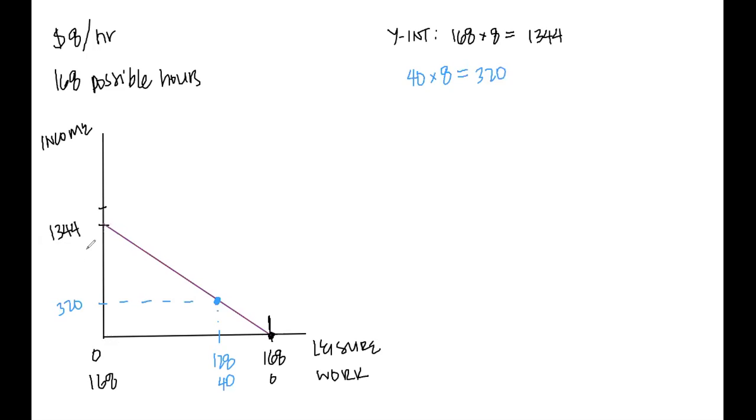Because if we look at the y-intercept, if he works 160 hours, he's still receiving $1,344, but then he can add 100 onto that to give us $1,444. So like I said, it shifts the entire curve up by $100.